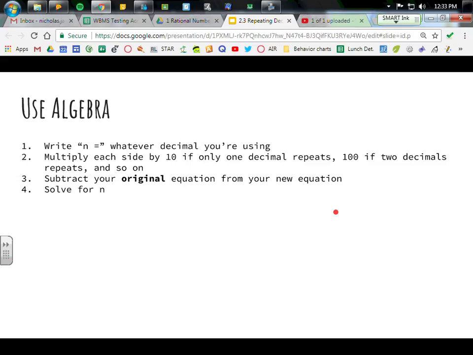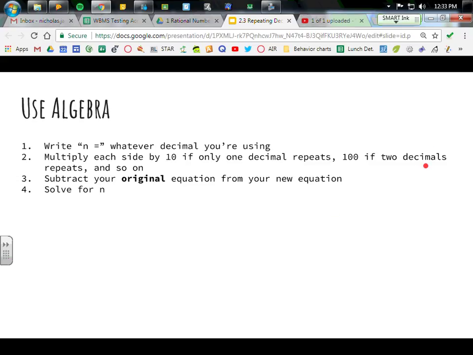If it was something like 0.546 repeating, I would multiply by 1,000, because I've got 3 digits repeating. And then once I did that, I would subtract my original equation from my new equation. After I have worked that out, I would just solve for n.